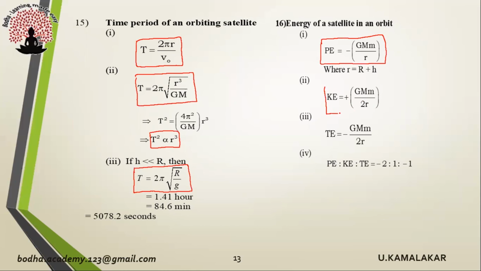Kinetic energy of satellite in an orbit is given as K is equal to G capital M small m by 2r. Total energy of a satellite in an orbit is given as minus G capital M small m by 2r. The ratio of potential energy, kinetic energy, and total energy is minus 2 is to 1 is to minus 1.